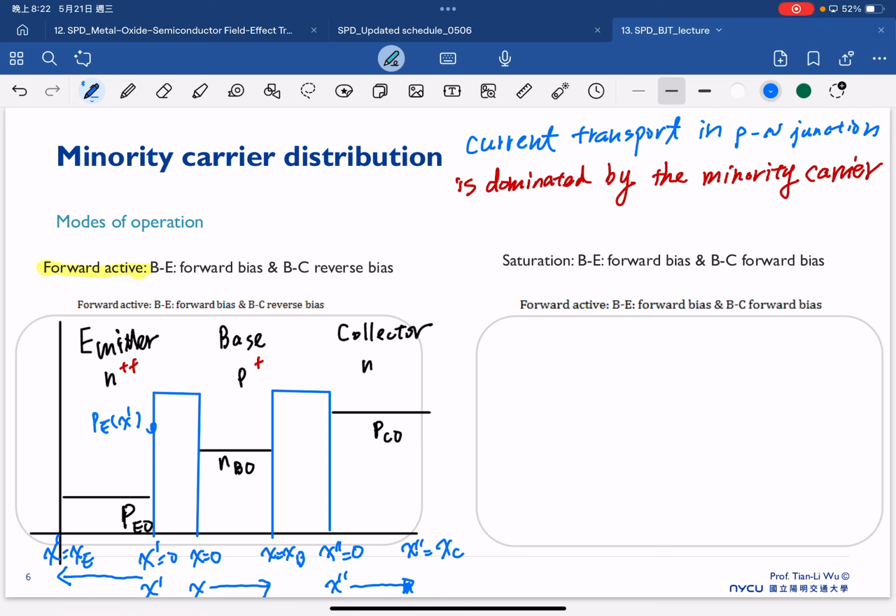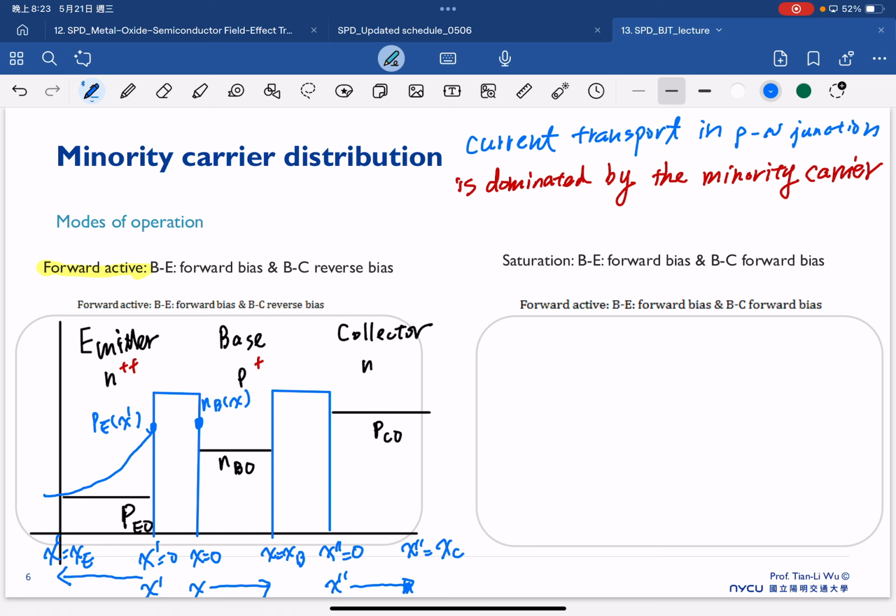And from the previous lecture, we already mentioned that this minority carrier distribution will follow an exponential decay. So with a certain distance, this will reach back to the PE0, right? This is exactly the same graph we drew for the PN junction. If you forget it, you can go back to check. Similarly, we can also draw this one, this is NBX.